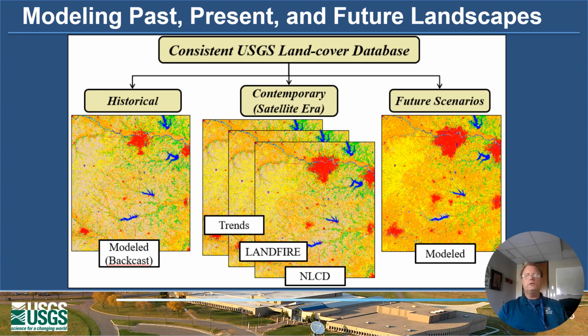And so what we're trying to do with the modeling work that we do at USGS EROS is temporally extend those data both backward and forward in time when remote sensing data aren't available. That includes both historical and future projections.